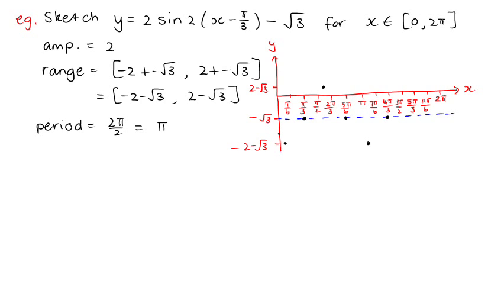So going down, up, right, 1.5 spaces, it's going to come up to the maximum. 1.5 spaces, it's going to come back down to the line. And then 1.5 doesn't quite reach, it's going to end somewhere down here. Right, so let's join them up.